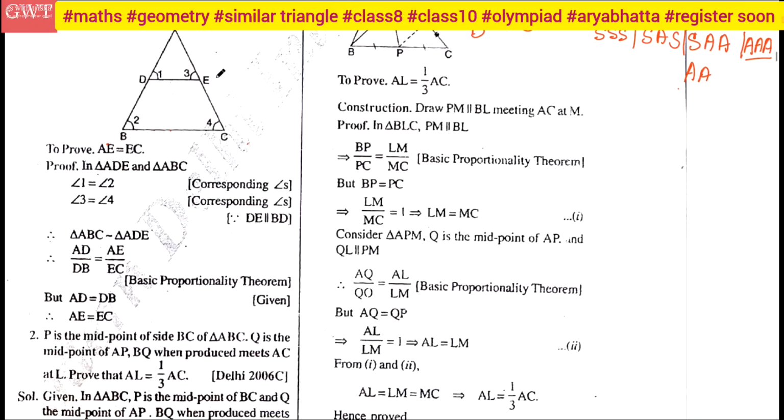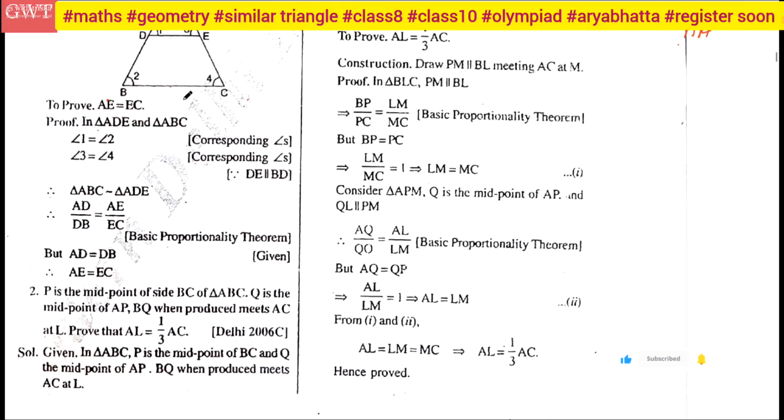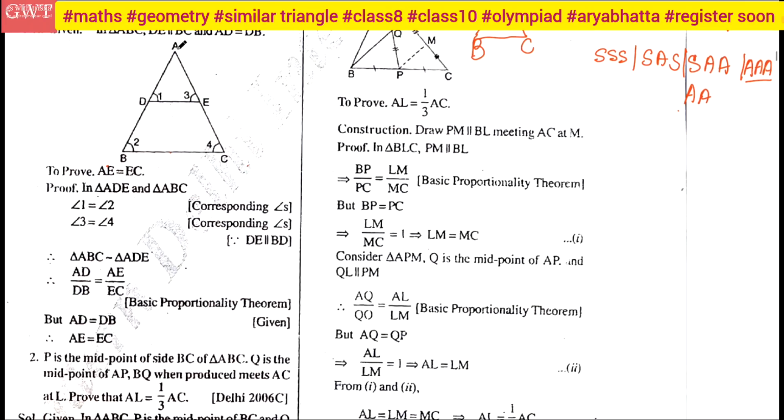And one more thing I will say by the basic proportionality theorem, that ABC is proportional to your smaller triangle. That is, this smaller triangle is similar to your larger triangle. I have proved this by the basic proportionality theorem, or somewhere you can read it as Thales theorem. Thales theorem and basic proportionality theorem are the same.